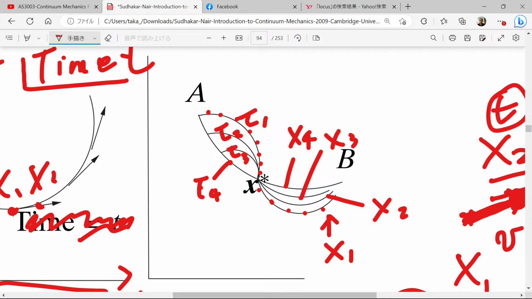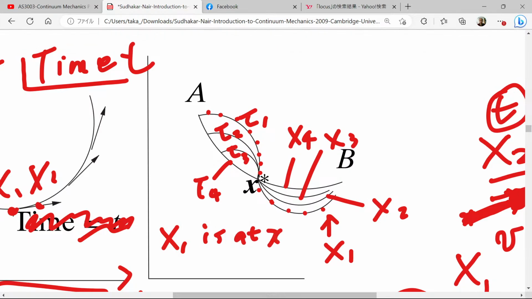Then each locus has a different tau. Particle x1 is at x star at time tau 1, something like this.